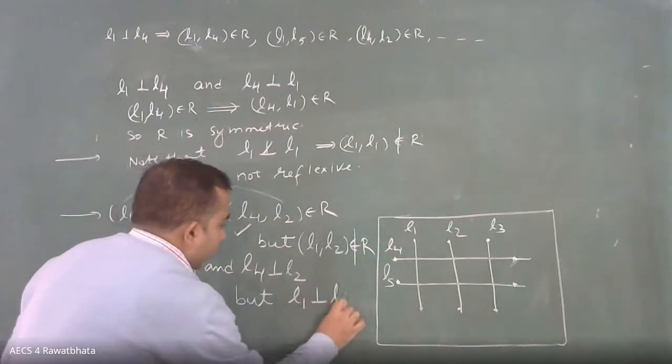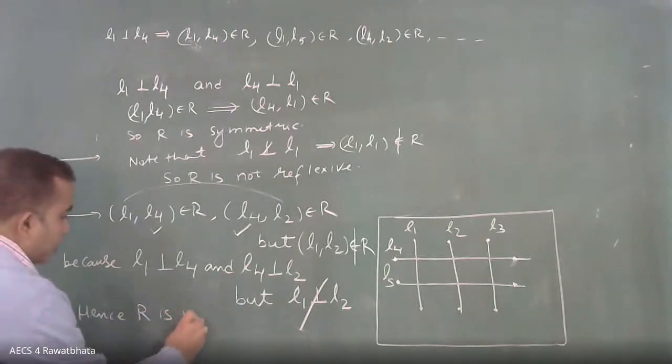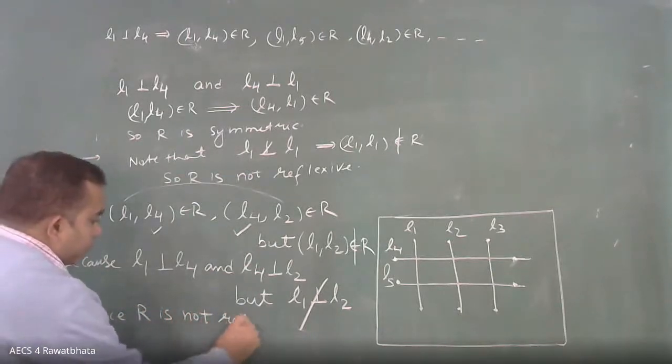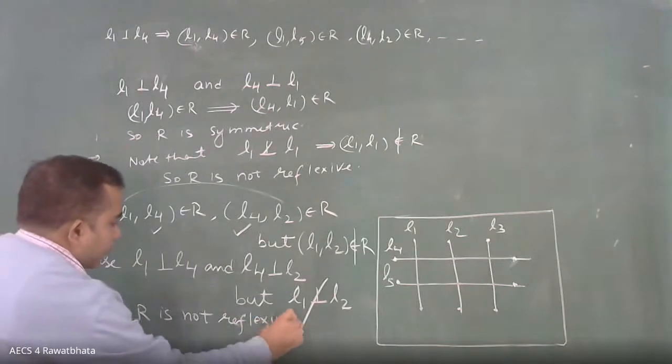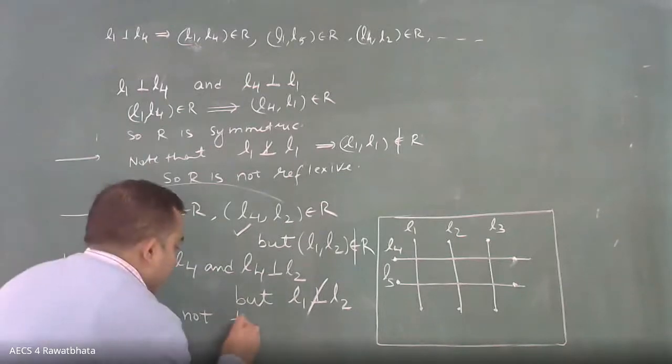Are they perpendicular? No, they are not perpendicular. So that is why this is happening, and hence R is not transitive. Sorry, not reflexive... I'm sorry. R is not transitive. R is not transitive.